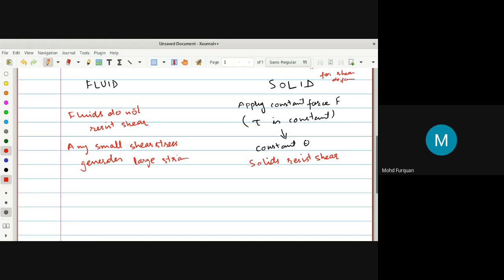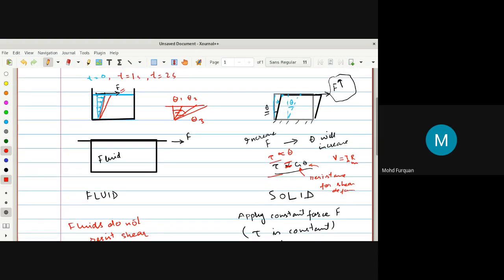And the third thing to note is, fluids don't resist shear stress. So here you have tau proportional to theta, or tau is equal to G theta. You can write it as du by dy. I hope you have studied this.